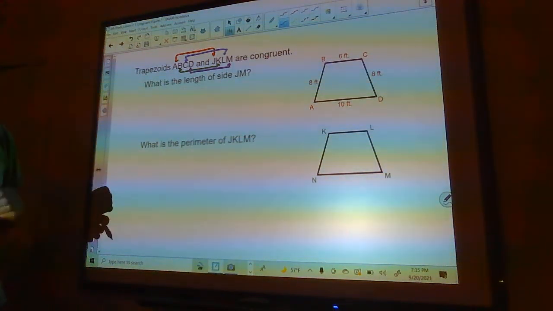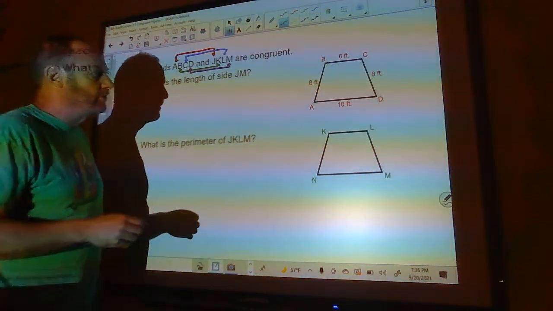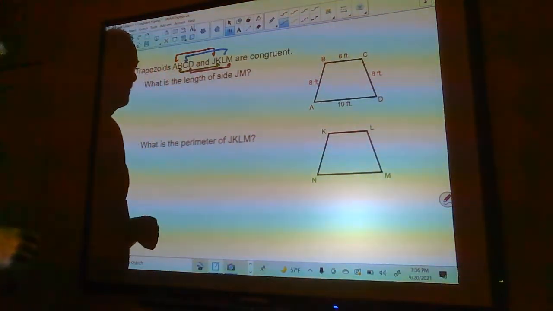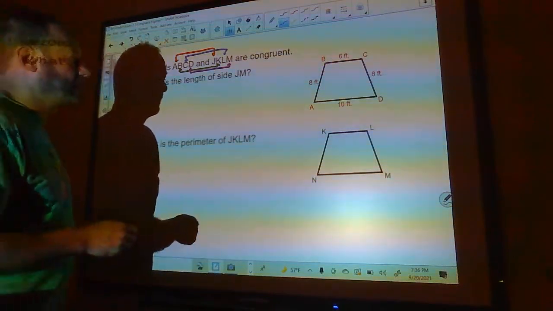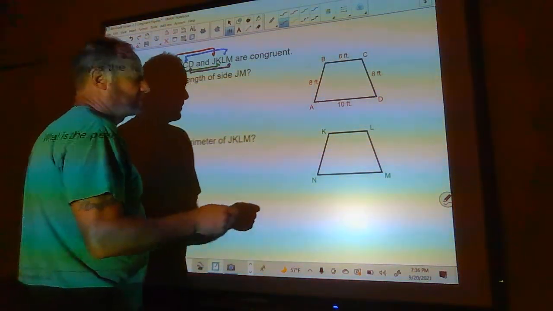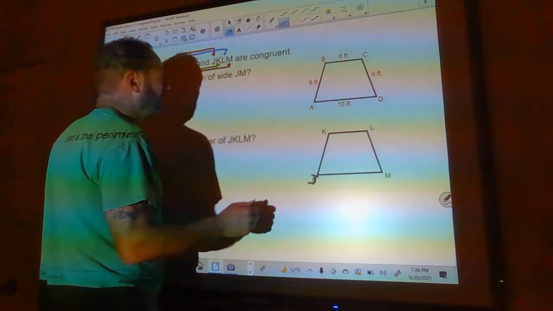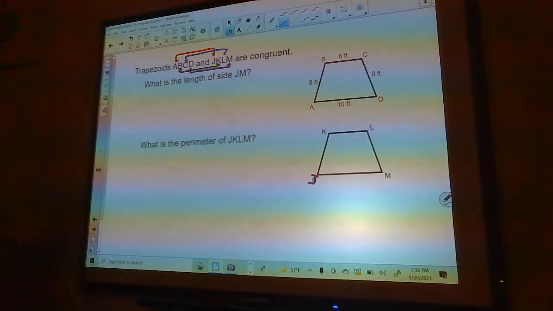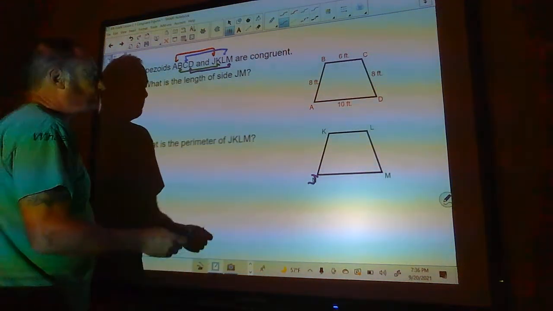What is the length of the side of JM? So we don't have a JM, do we? Oh my, okay, I lettered this wrong. So let's see, ABCD, this should be JKLM. Oh, I got one letter wrong. Okay, that should be a J right there.